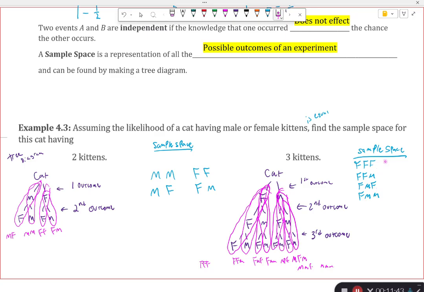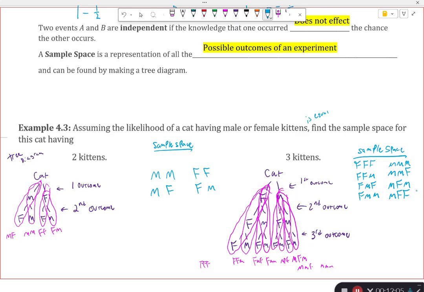That's kind of the easy way that you can build the sample space without having to draw a tree diagram every time. And then we can do the same thing: M, M, M, M, M, F, M, F, M, M, F, F. And that would be all of the possible outcomes.